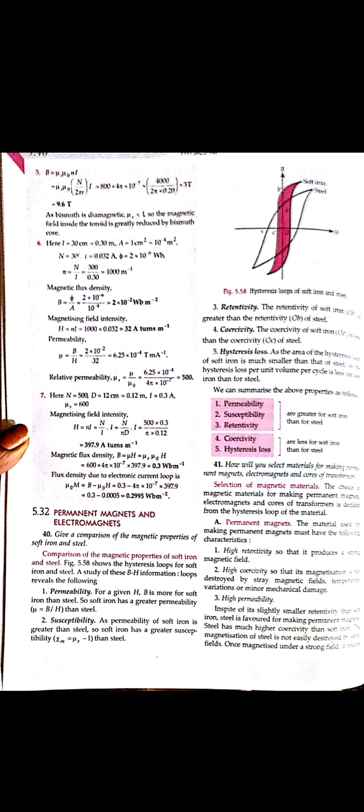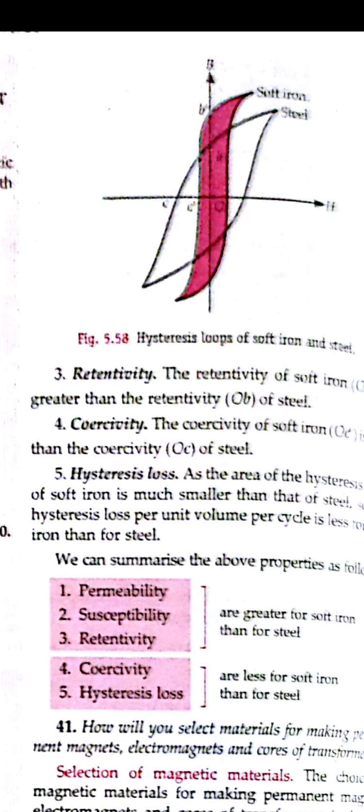Now for the permanent magnet, like you have seen in the last example, it can be steel, alnico, lodestone, so they will be used for permanent magnets. So what we know about the magnetic properties of steel and soft iron, that is a hard ferromagnetic material and a soft ferromagnetic material: here you can see that coercivity was more for the hard magnetic material and less for the soft magnetic material, soft iron.